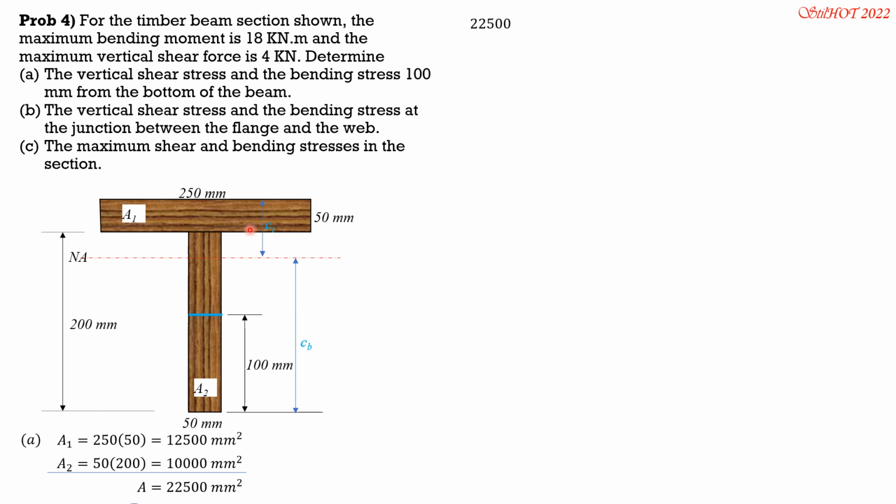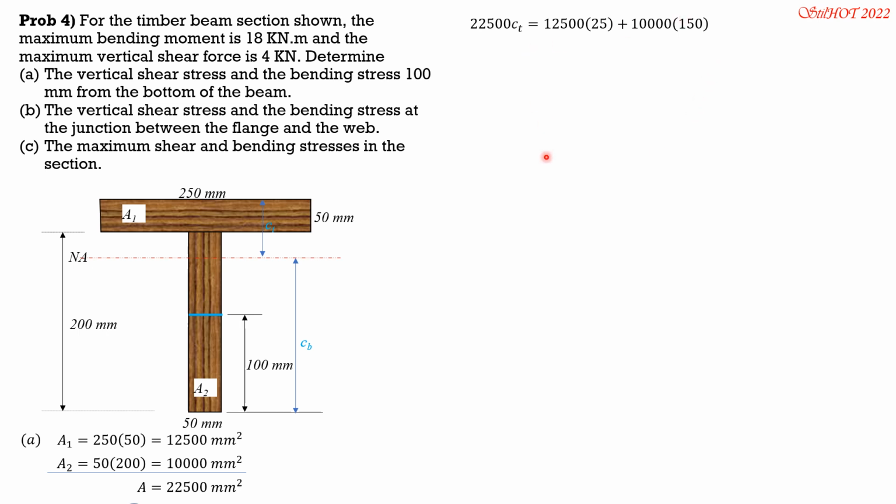So by Varignon's theorem, area total times C top is equal to area 1, which is 12,500, times the distance of the centroid from the top, which is half of 50, so 25, plus area 2, which is 10,000, times the distance of its centroid, 100 plus 50, which is 150.